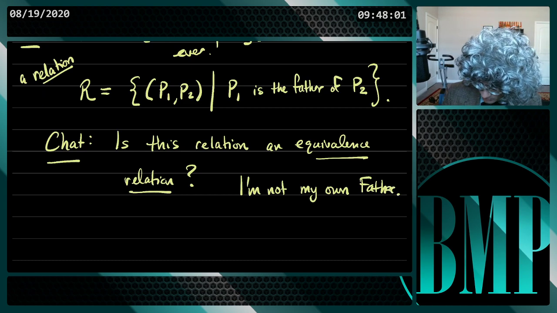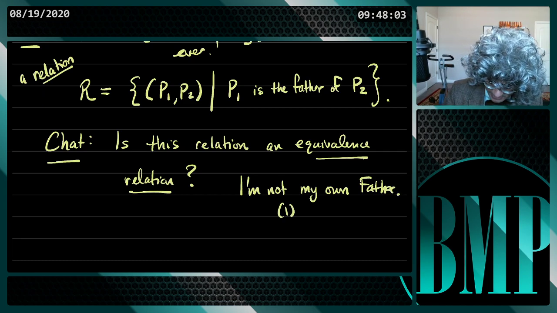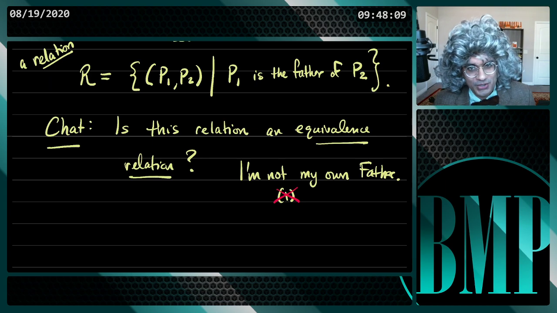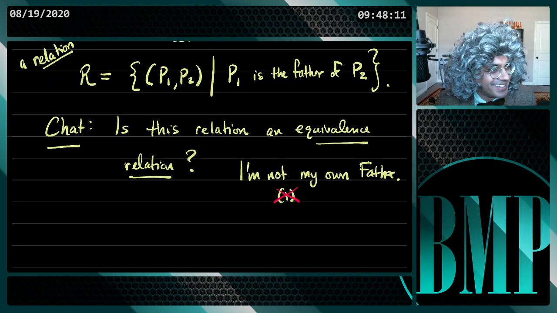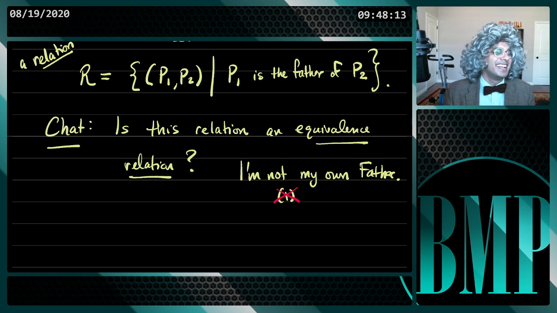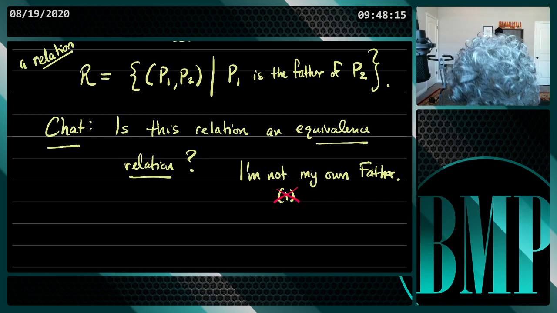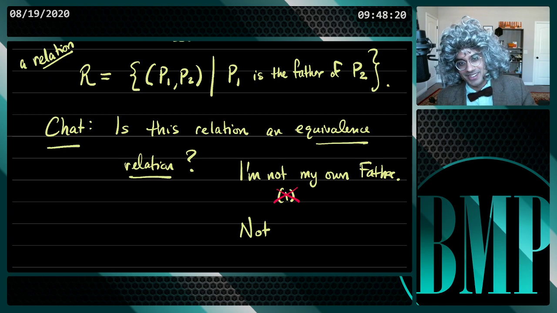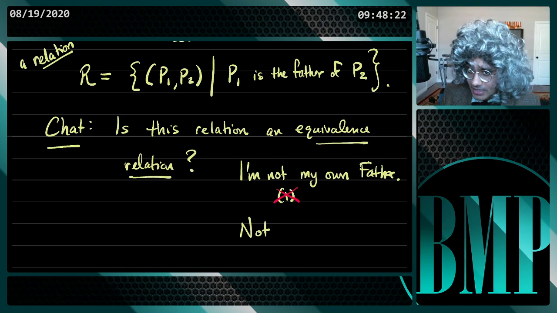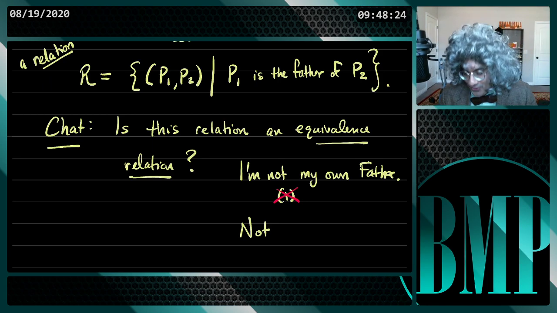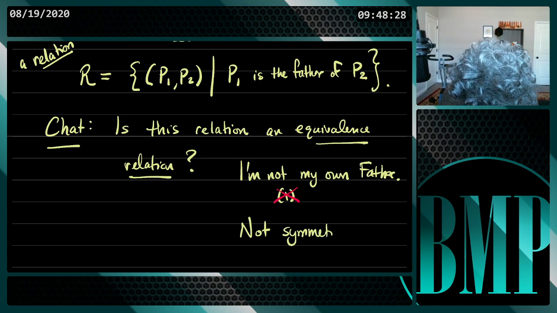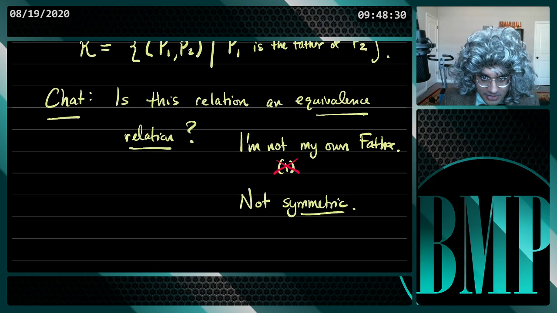Okay, so point number one is messed up. Okay, fantastic. It's also not at all symmetric. If I'm your father, then very rarely are you also my father. Not symmetric. Oh, it's just a completely garbage relation.